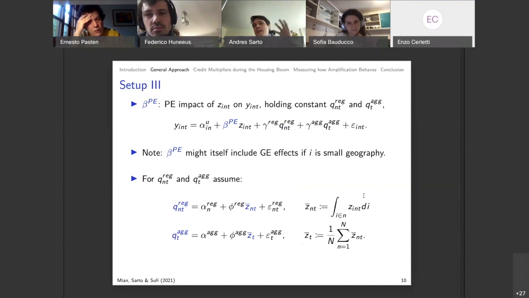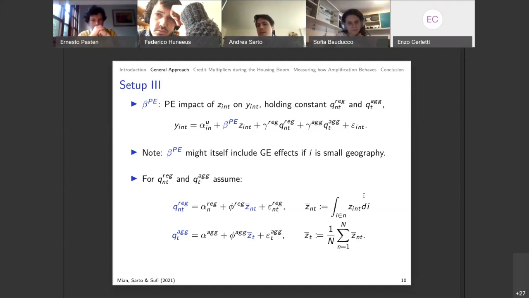Intuitively, that's what's relevant for determining that equilibrium object at the middle level of aggregation. And at the aggregate level, I'm going to say all of the Z's in the economy are relevant for determining that. Okay, and so I'm going to specify these two equations for the regional price and for the aggregate price.